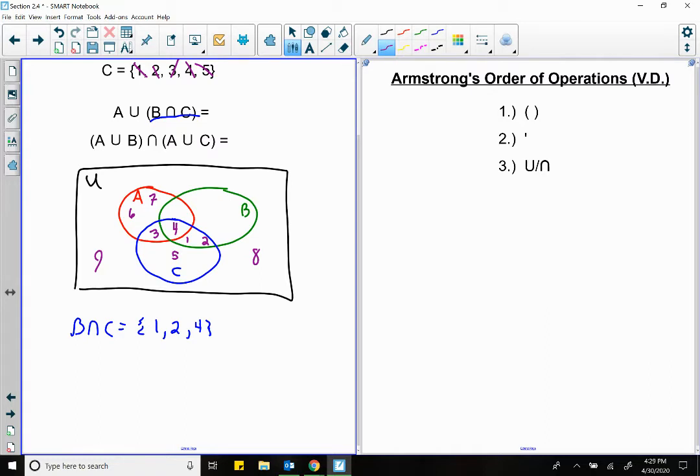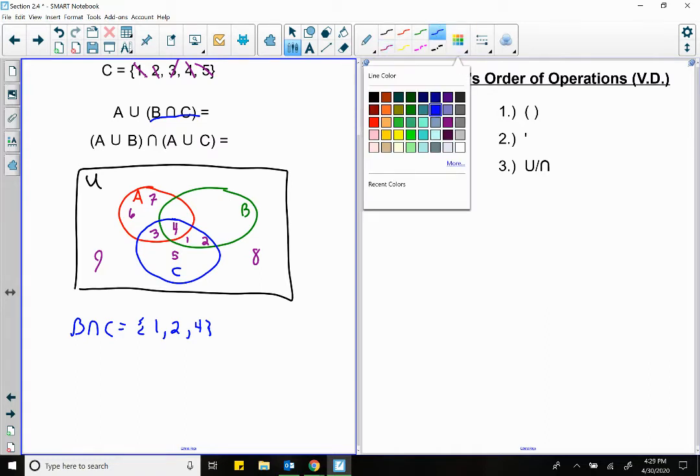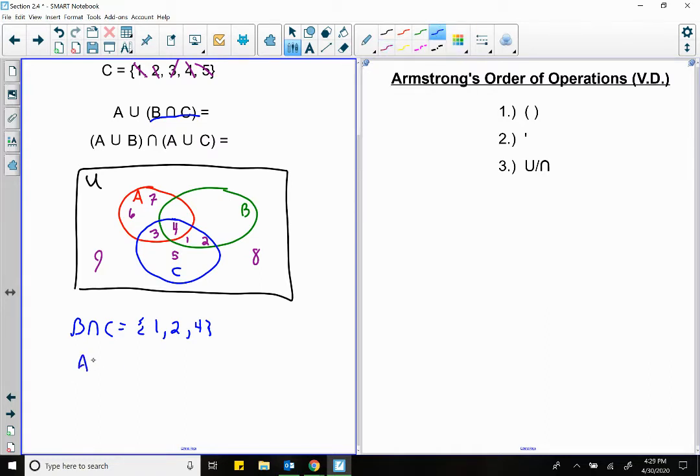Before I do that, I'm going to write down what A is. If you remember, up above, the set A was 3, 4, 6, and 7. So we want the union between these two sets. Remember, union says, give me everybody in here.